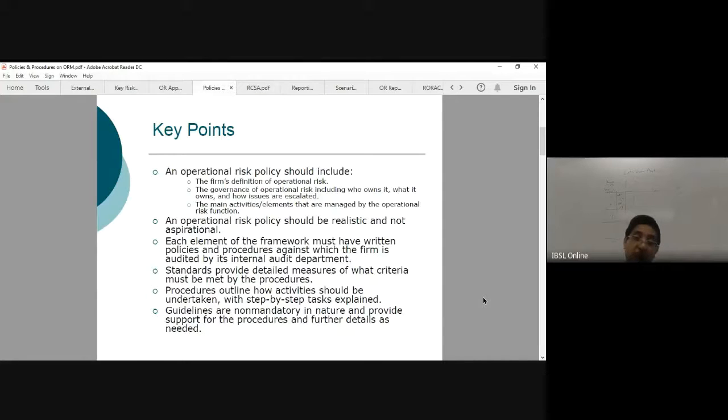Therefore, the basic document should be there. And there can be standards in the procedures, and it should outline how activity should be undertaken. The step-by-step tasks have to be explained. And there can be guidelines also. Even though it is not mandatory, in most policy documents, guidelines are given.